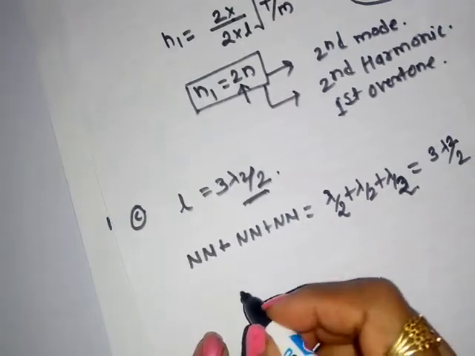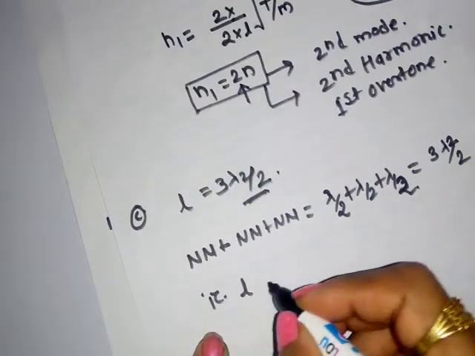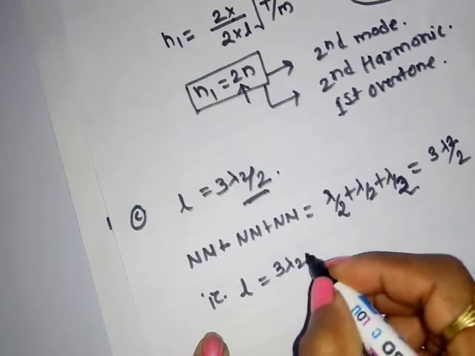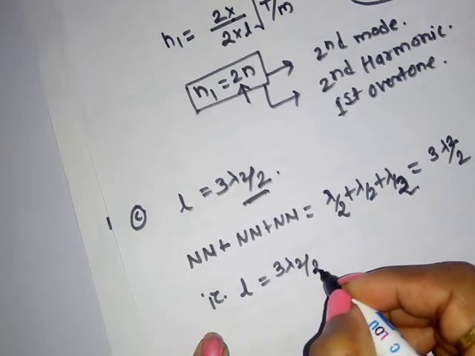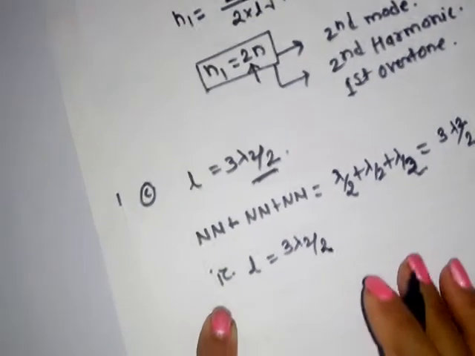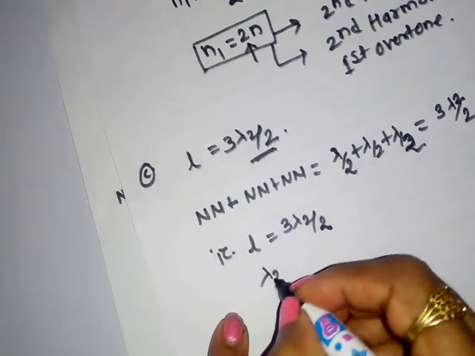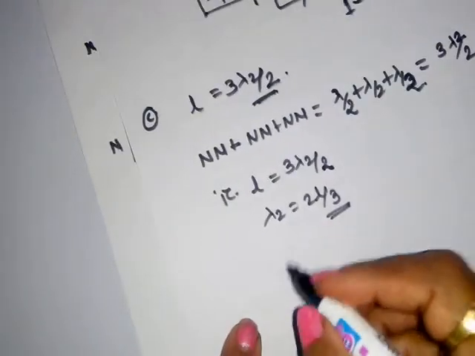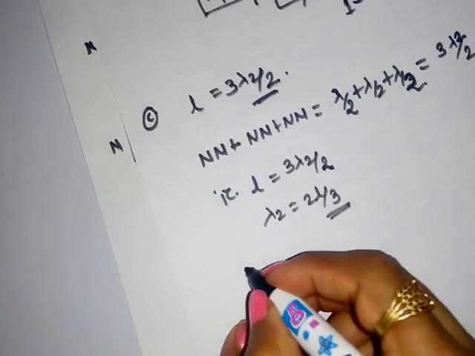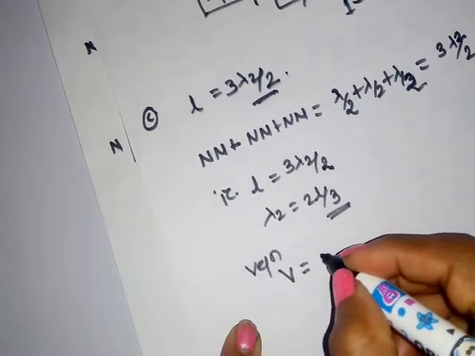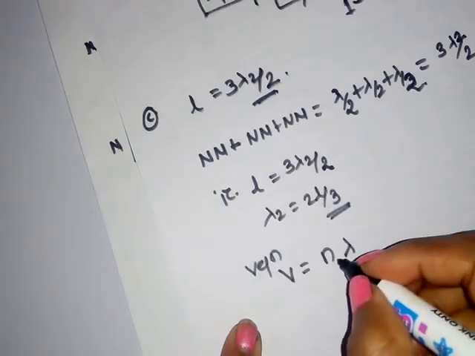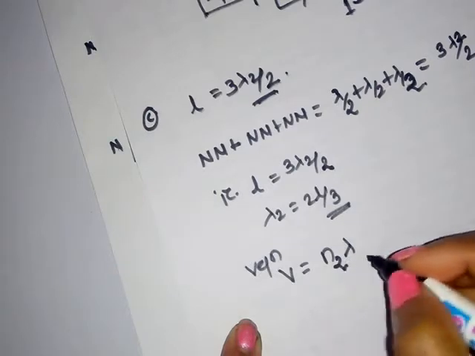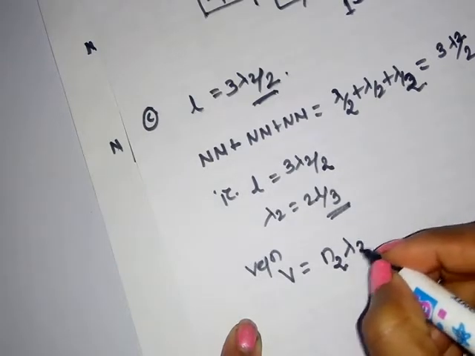So L is equal to 3 λ2 by 2. Then λ2 is equal to twice L by 3. Now for the velocity, V is equal to n lambda. For the third mode, the frequency is n2 and the wavelength is λ2.